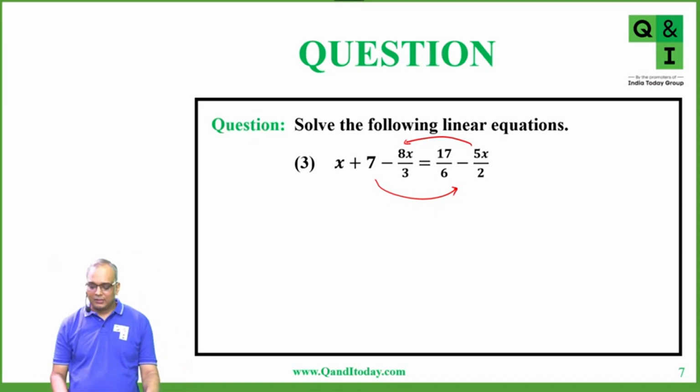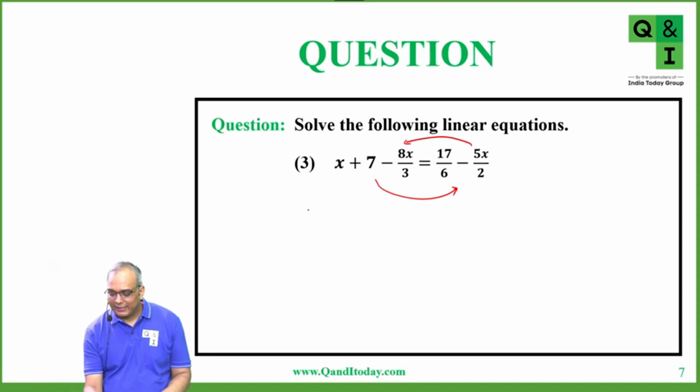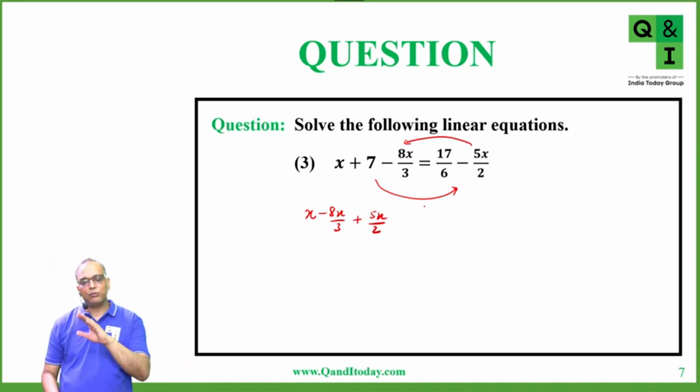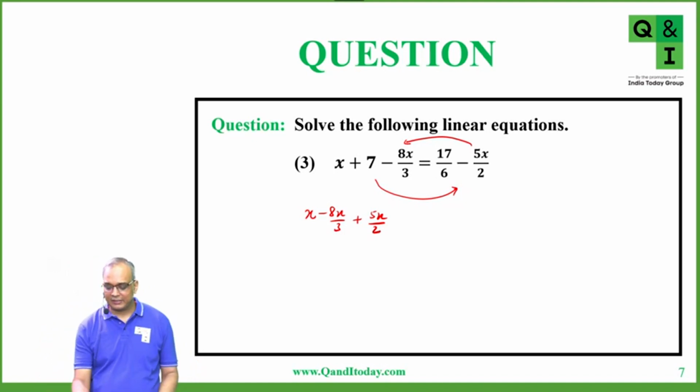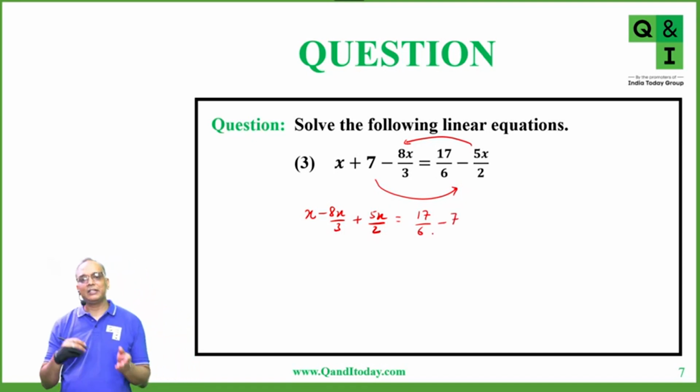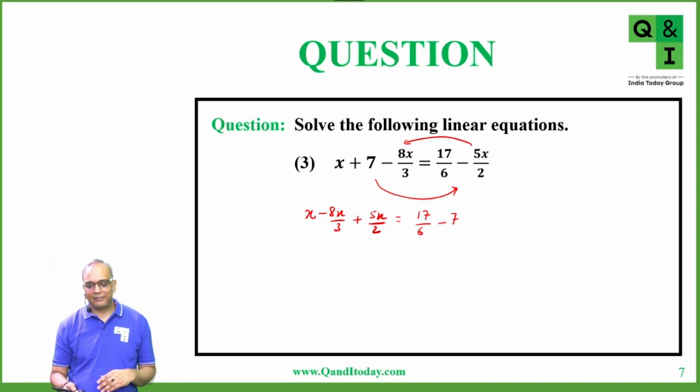So what we get here is x minus 8x by 3 plus 5x by 2. Now minus 5x by 2, when it comes from right side to left side, we'll change the sign, transposition. This is equal to 17 by 6 minus 7, because plus 7 when it goes from left side to right side, it will become minus 7.